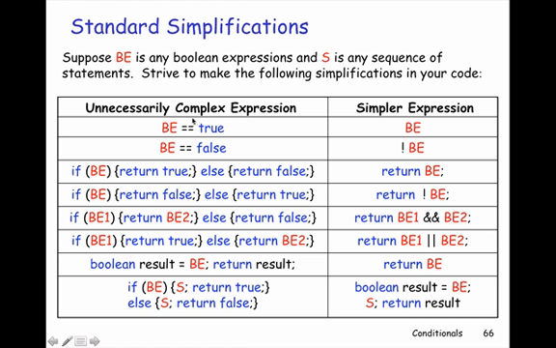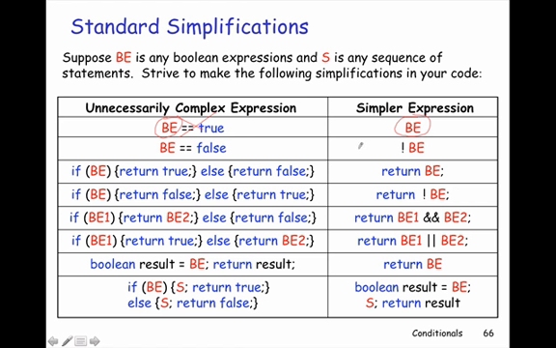For instance, suppose that BE stands for Boolean expression. It's any expression that stands for true or false. Then it is never, never, never necessary to test if the Boolean expression is true by saying Boolean expression equals true. Because in all such cases, that's the same as just writing Boolean expression.